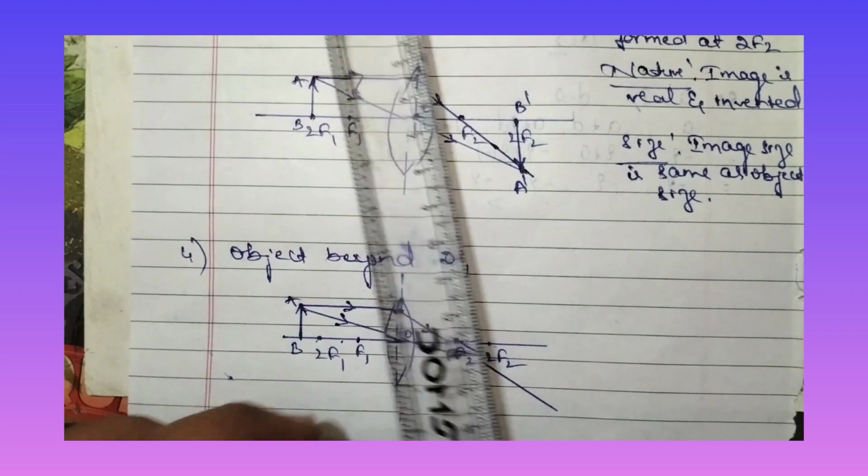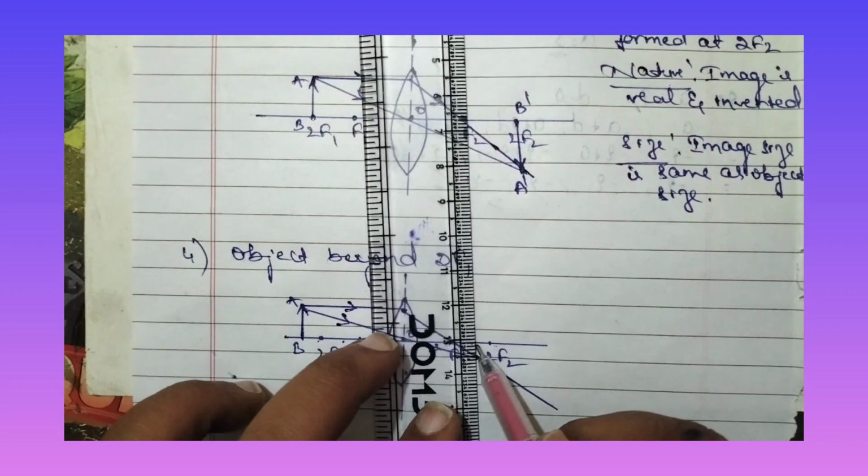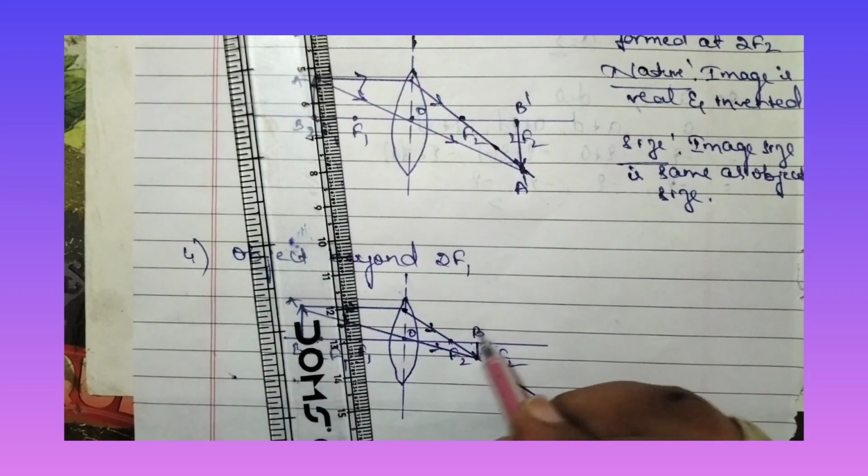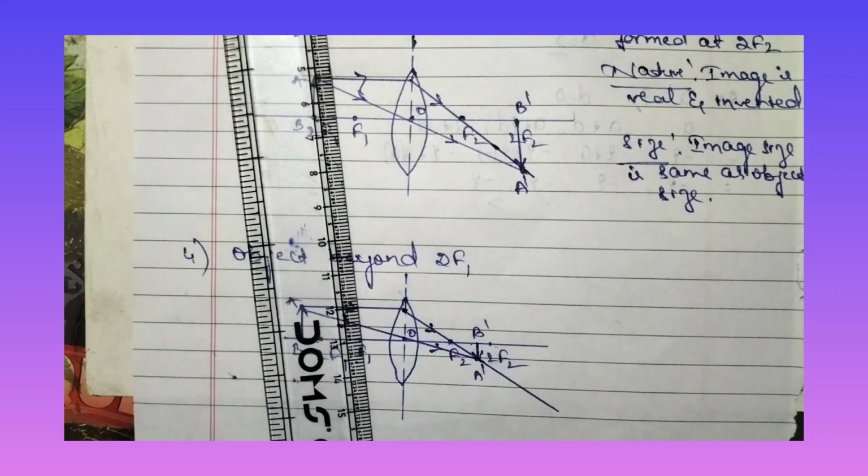So where the two light rays meet, there the image is formed. So here B dash A dash is the image, and that image is formed between F2 and 2F2.